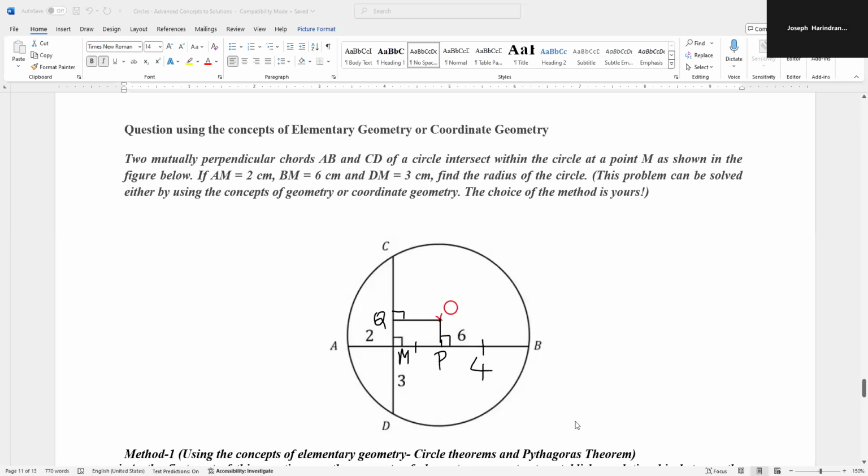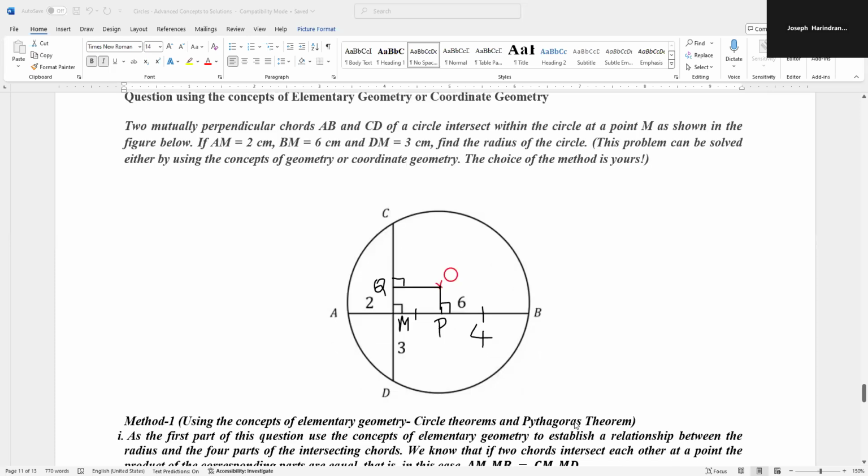Here is the figure. The first method is the algebra method, which is slightly more difficult. We'll form a quadratic equation like this and then solve it for R, and we will get an equation like this.